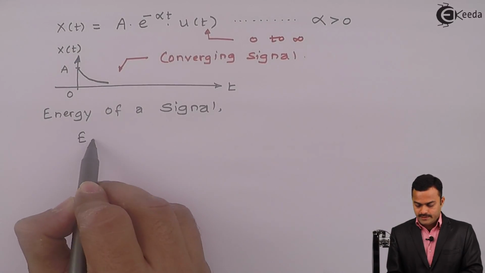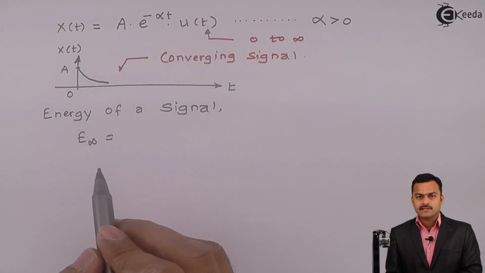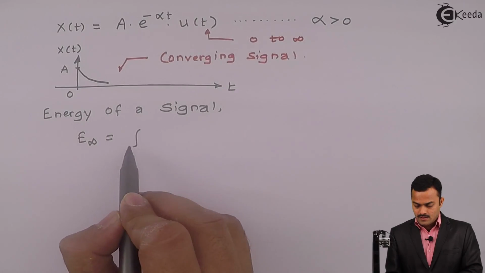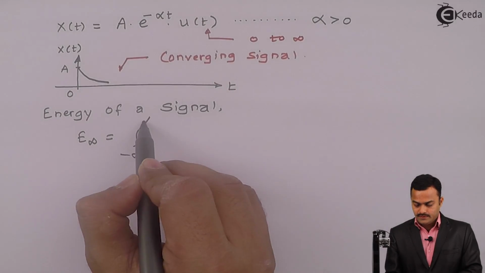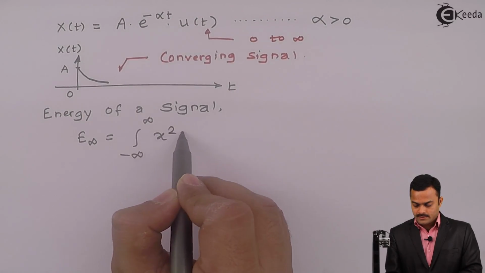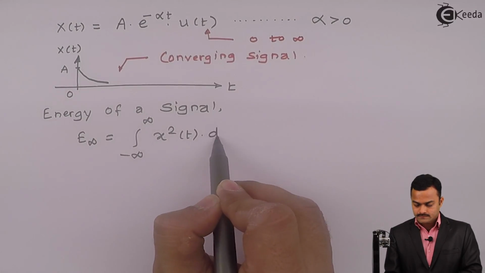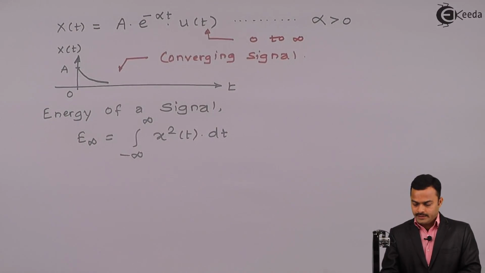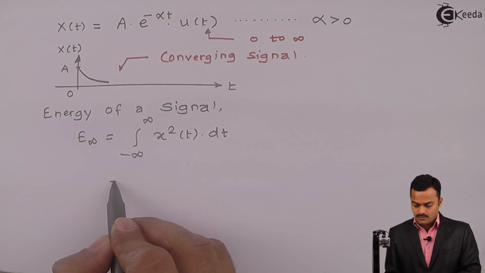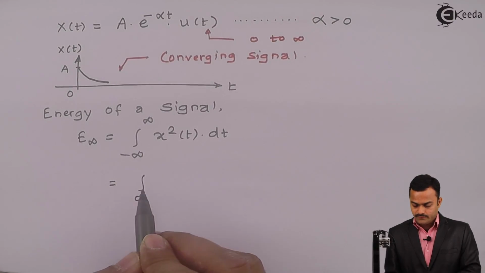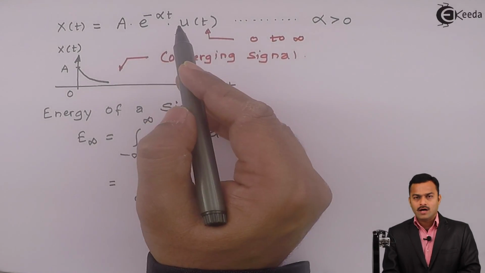The formula is E infinity. It's a continuous time signal, so it is the integral from minus infinity to infinity of x square t dt. Being a unit step, the limit will be 0 to infinity and the value will be 1.